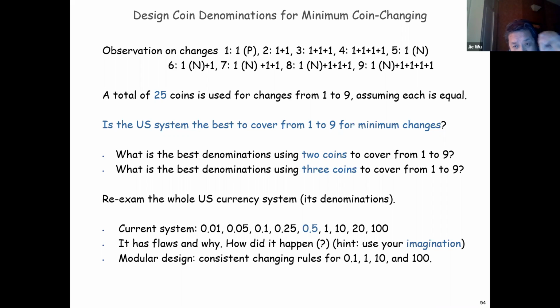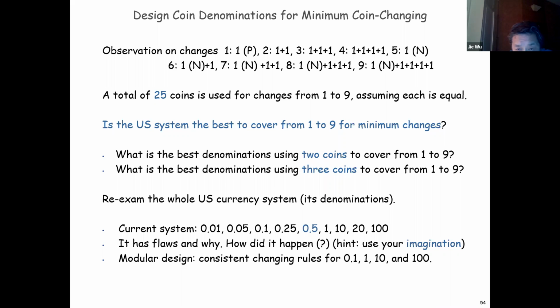It depends on how many different denominations are allowed. Obviously, the more denominations, the better. For example, I can create a 1 cent coin, 2 cents, 3 cents, then a coin for 10 cents, a coin for 20 cents, and so on.